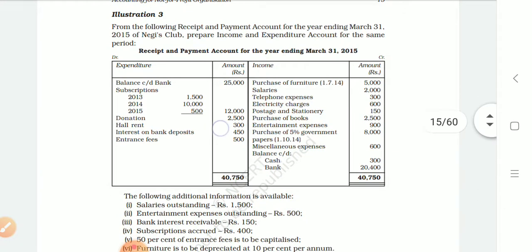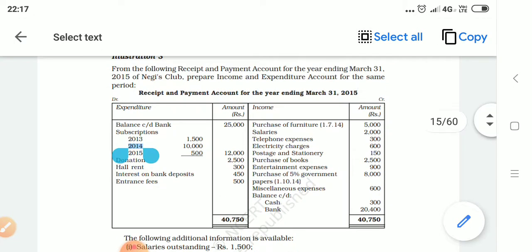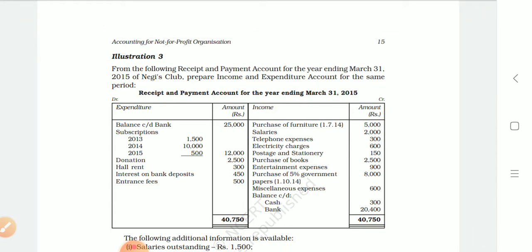So the current year is, now again children, don't get confused, current year is 2014-15. Okay. See, 31st March 2015 means 2014-15. So 2014 is current year, 2013 is previous year, and 2015 is next year.